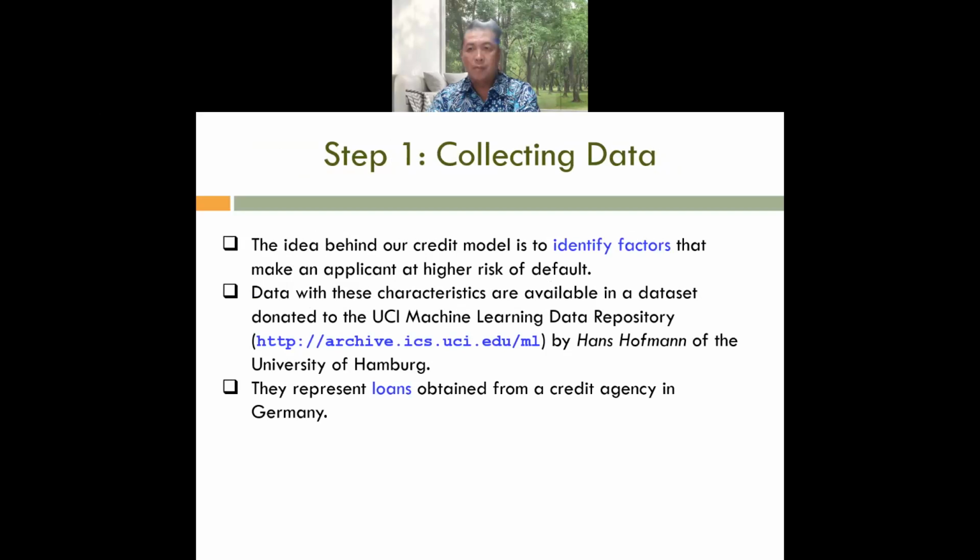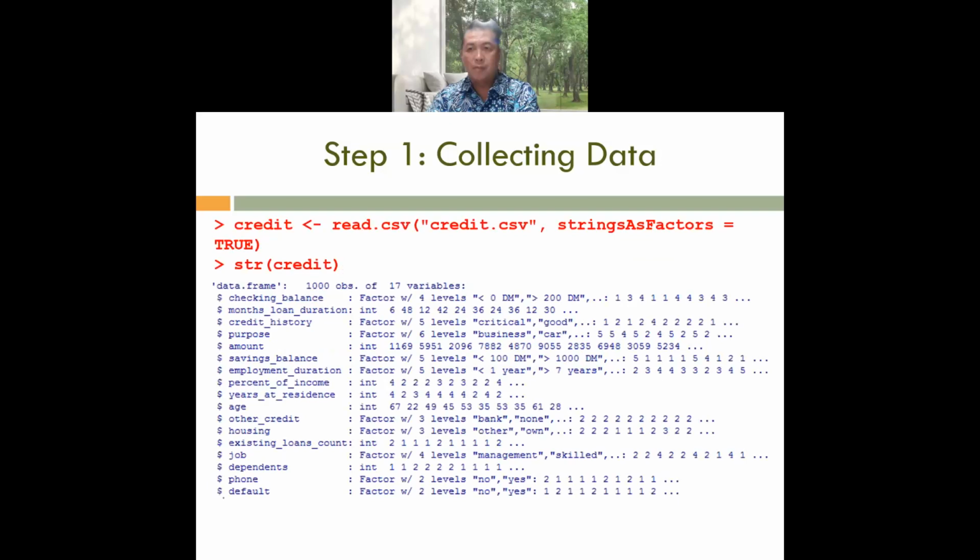So we will be getting the data from the UCI machine learning data repository. They represent loan obtained from a credit agency in Germany. So this is how we read the file .csv.